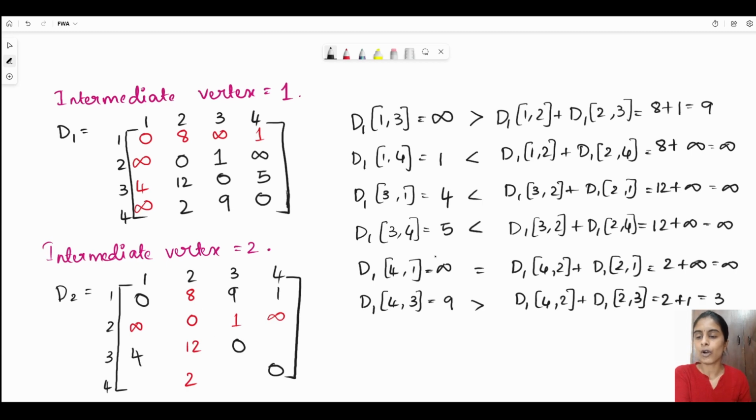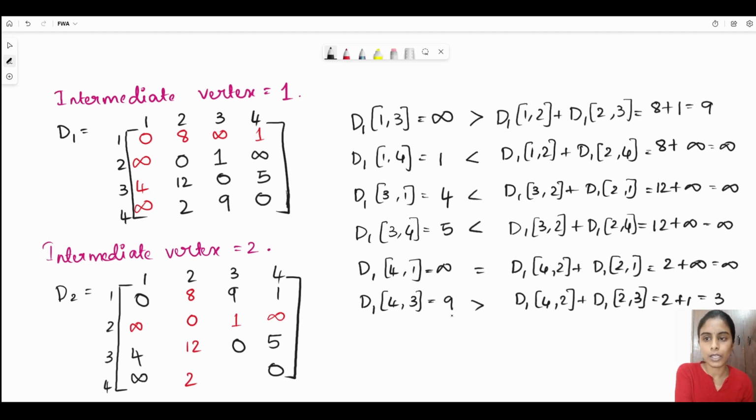Similarly, we do for all other entries as well, and I get the answer to be, in this case, D1 of 3, 4 is 5 and D1 of 3, 2 plus D1 of 2, 4 is again 12 plus infinity, infinity. 5 is lesser, so I enter 5. For D1 of 4, 1, it is infinity and D1 of 4, 2 plus D1 of 2, 1 is also infinity, so they are equal, so we retain infinity as it is here.